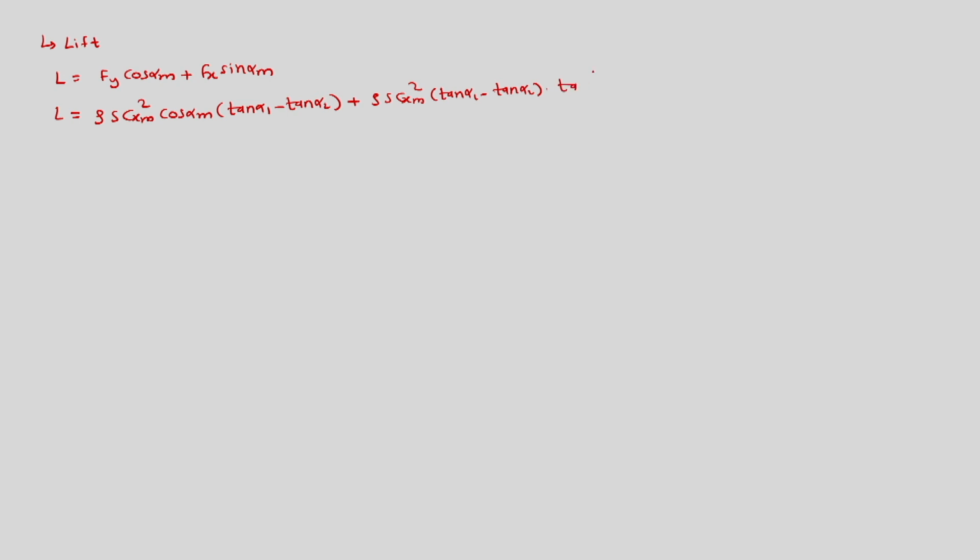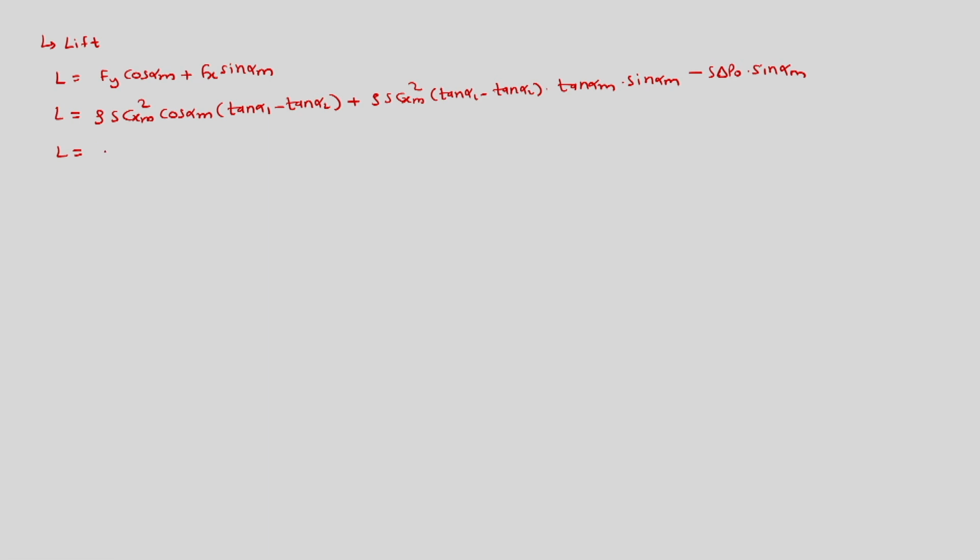tan alpha m into sin alpha m minus S delta P naught into sin alpha m.